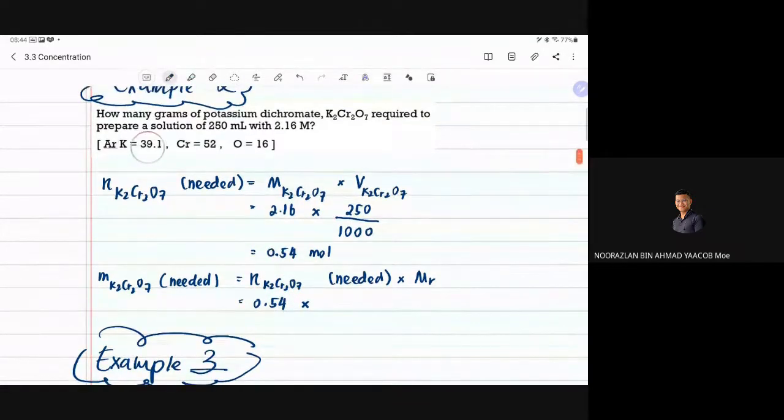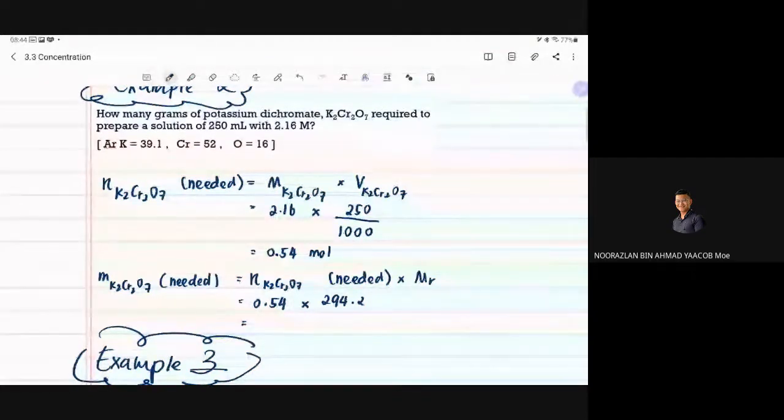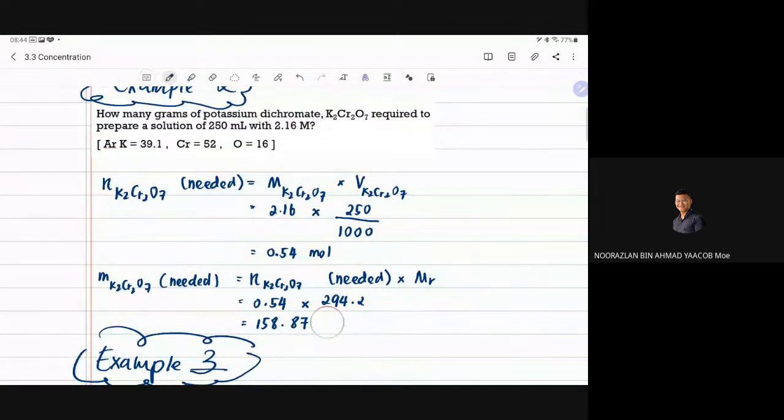K2Cr2O7 dia dah bagi dah dekat atas ni. K2 adalah 39.1 dan 2. So 2 kali 39.1 tambah 2 kali 52 tambah 7 kali 16. Kita akan dapat 294.2. And then when we calculate this, we should get the mass in grams 158.87 grams. That would be the final answer.